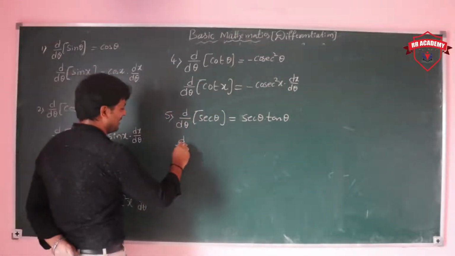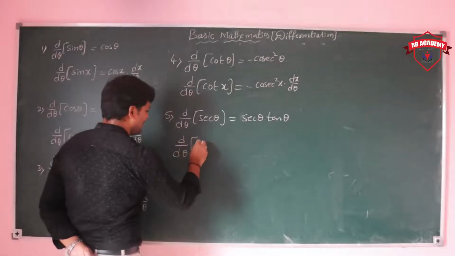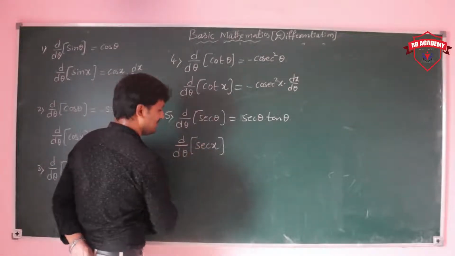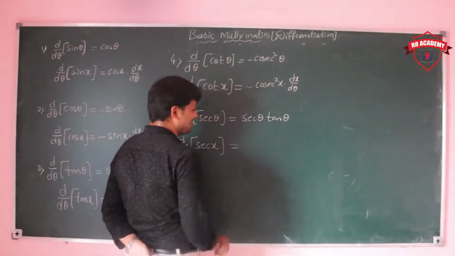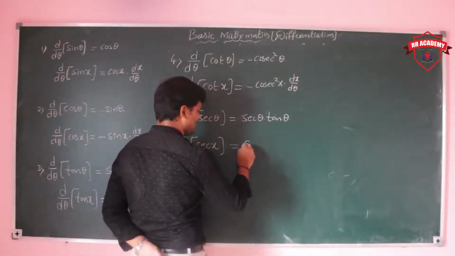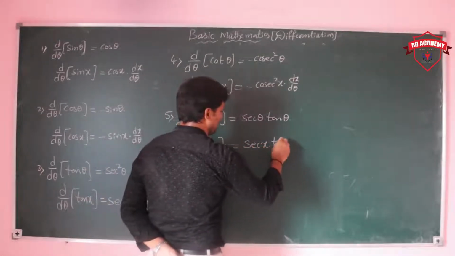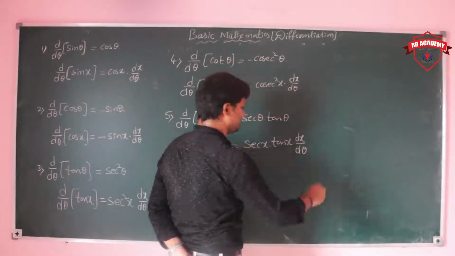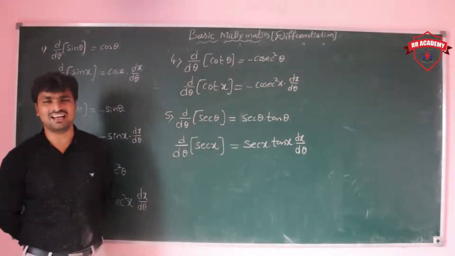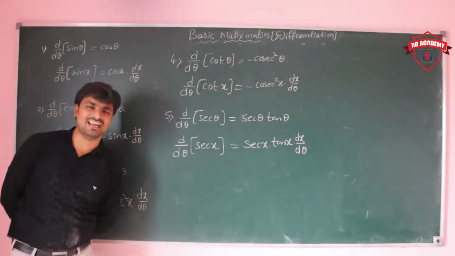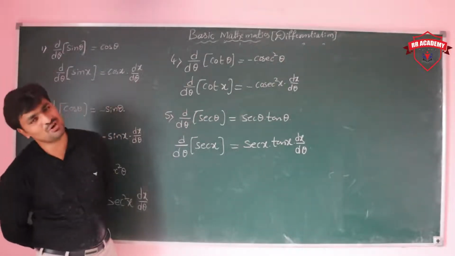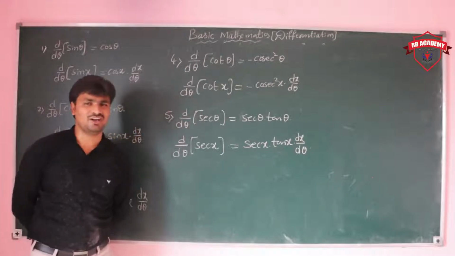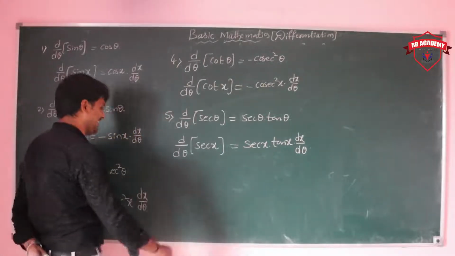In case you are taking d by d theta of secant x, can you say the formula? Yes, secant x tan x into dx upon d theta. Why again dx upon d theta? Because the differentiable function and differentiating function are both different.